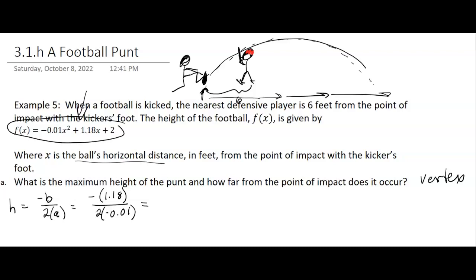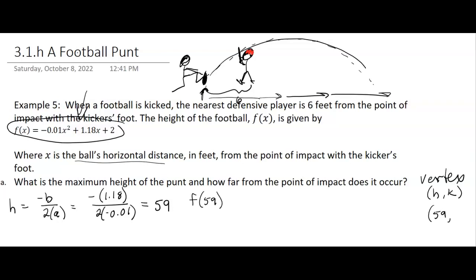This is one way you could do it anyway. And I get 59. Okay, so h is 59. Now, we're trying to find the vertex h comma k. So that is the x value, 59. And then to figure out k, you're going to have to find f of 59.